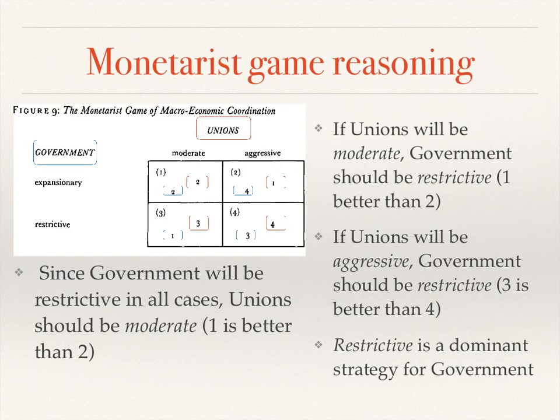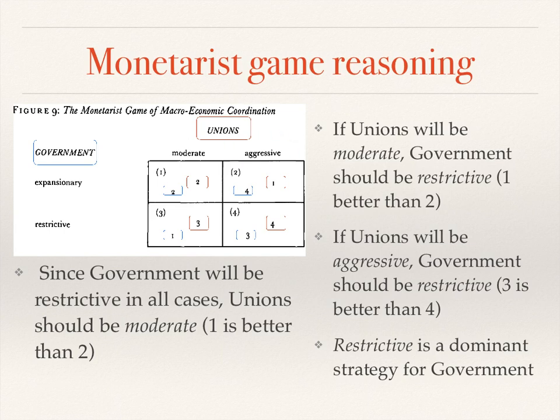So we can go through the reasoning again. Government looks at what unions can do. Unions are either going to be moderate or aggressive. If they're going to be moderate, what is the government choosing between? Here, it's choosing between its second most favored option and its first most favored option. It's going to choose the restrictive option because that's its most favored.